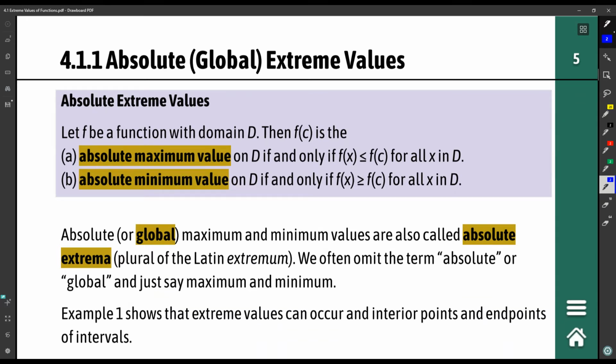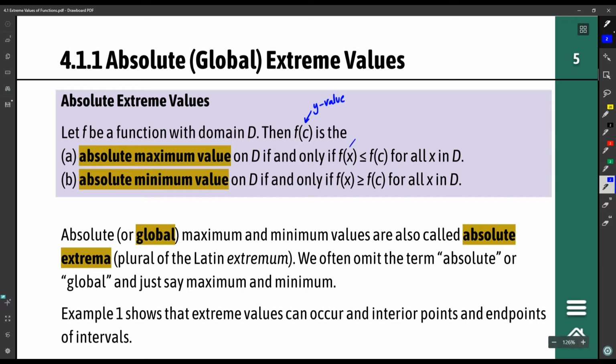We begin with a big definition screen. We want to define absolute extreme values, and it goes like this. Let f be a function with a domain D. Then f of c, remember, is always a y value. Then f of c is the absolute maximum value on the domain if and only if f of x is less than or equal to f of c for all x in that domain.